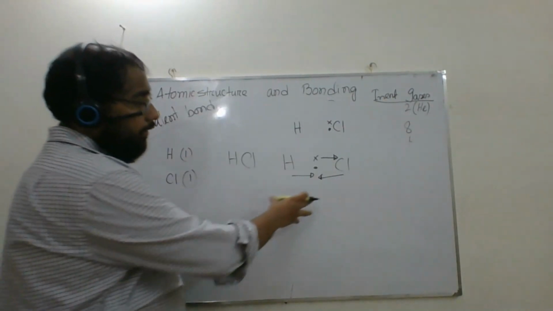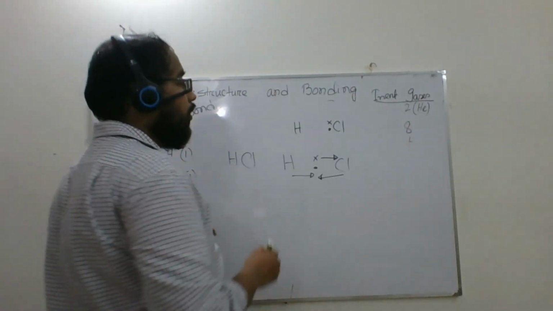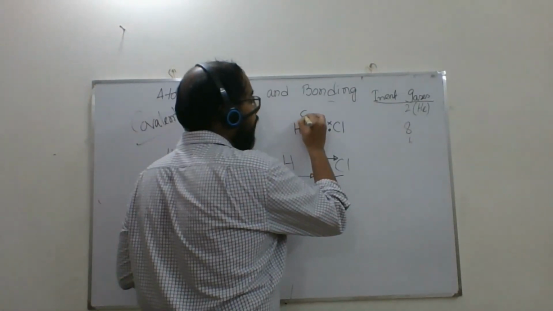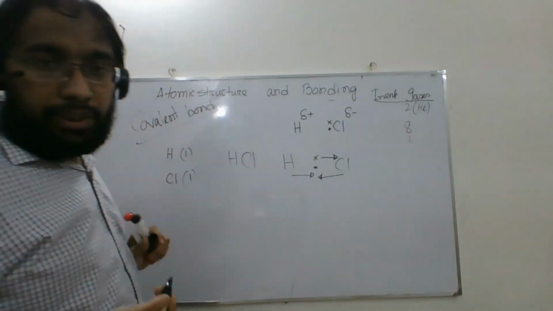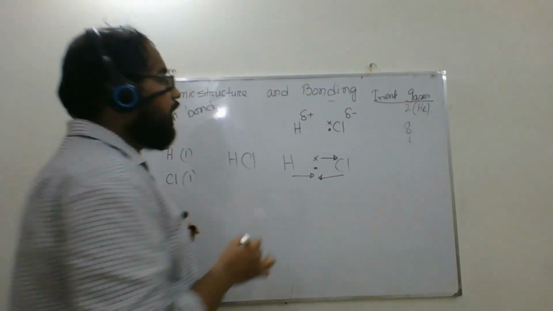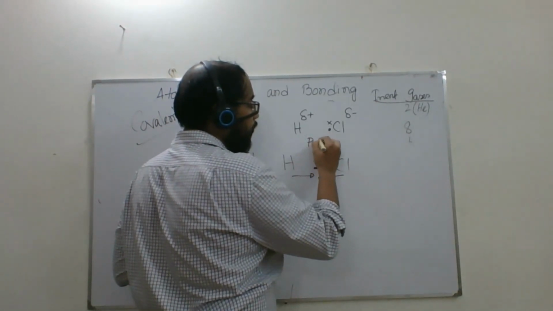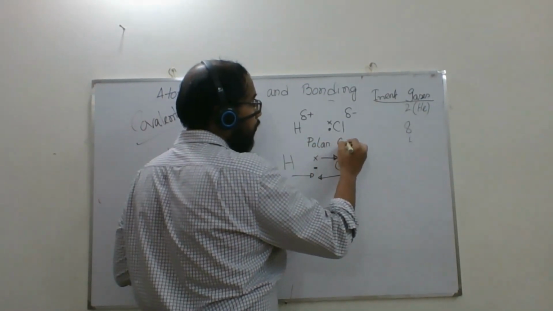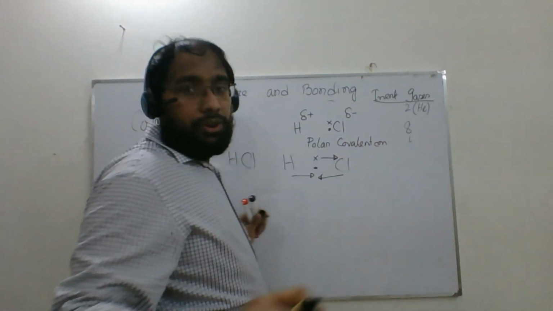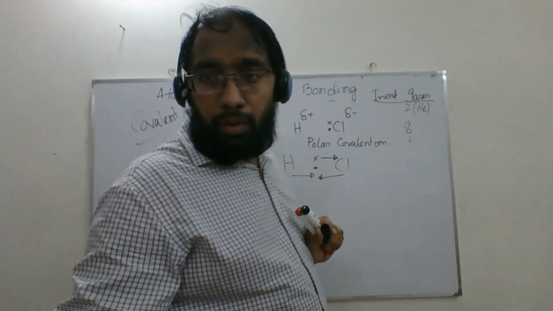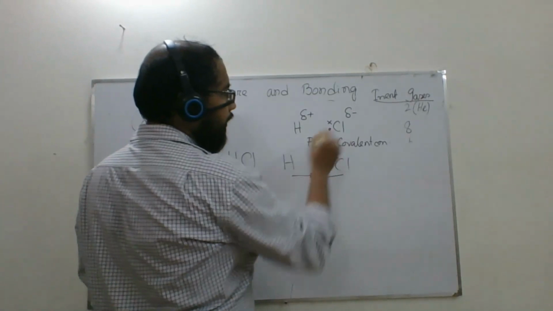So it should be like that, but it becomes like that. Okay, so this is called partially positive, this is called partially negative, and this type of covalent compounds are known as polar covalent compounds. So the polar covalent compounds are like that.